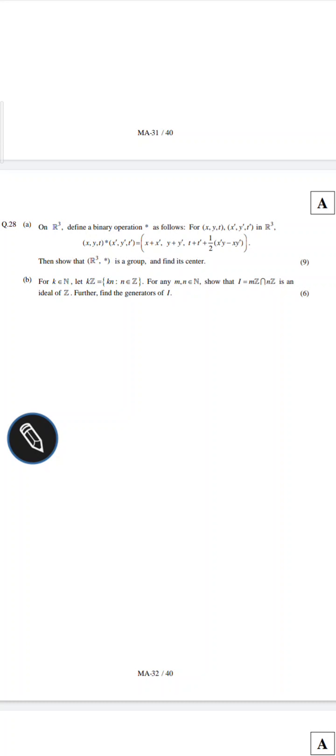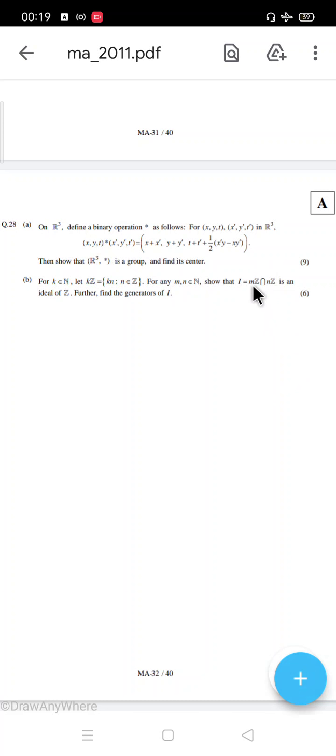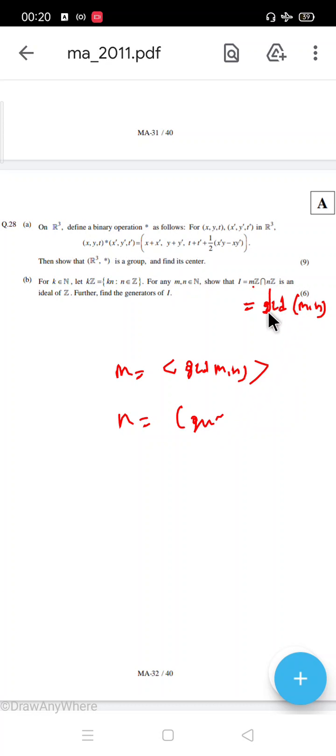So whenever you are having intersection, I think LCM comes, maybe, should not be, maybe. Yeah, intersection, no, GCD. Whenever you are having mZ intersection nZ, this will be the GCD of M and N. Right, so write M and N, take the GCD of M and N, then similarly N equal to GCD of, this will be LCM.